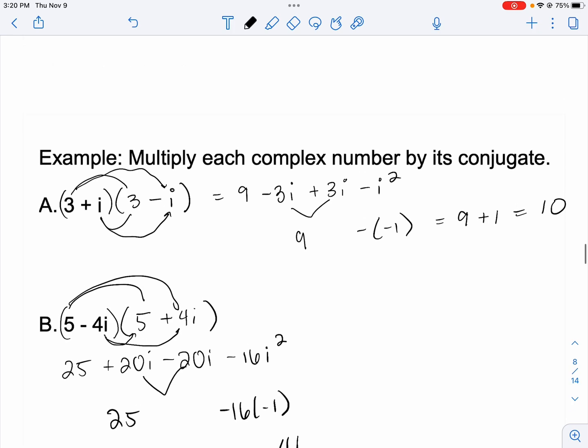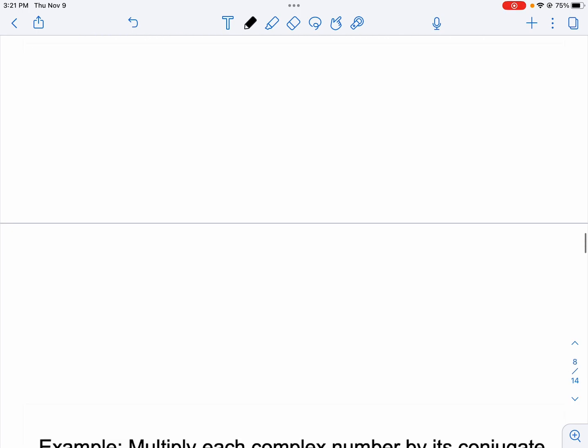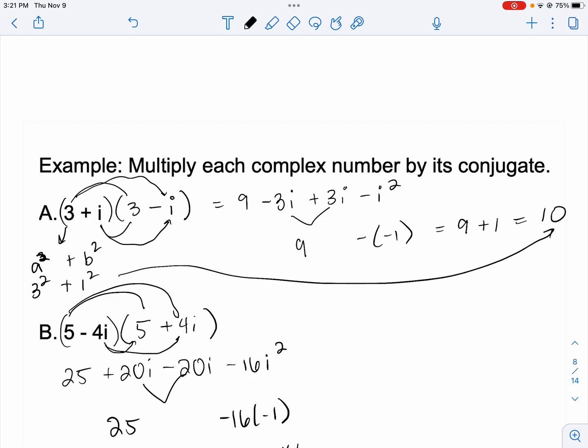Let's write a shortcut. This can be your shortcut, a squared plus b squared. Let's see if that works on this one. a is 3. a squared would be 3 squared. b is 1. a squared plus b squared would be 3 squared plus 1 squared, which is what we got.